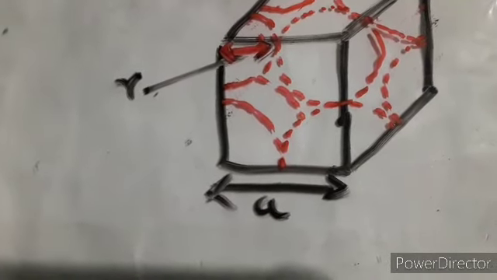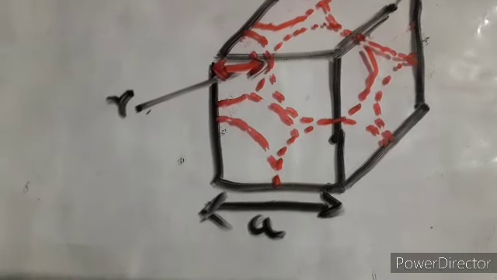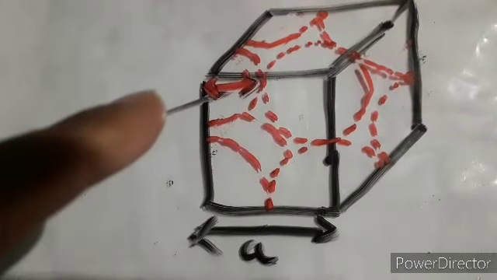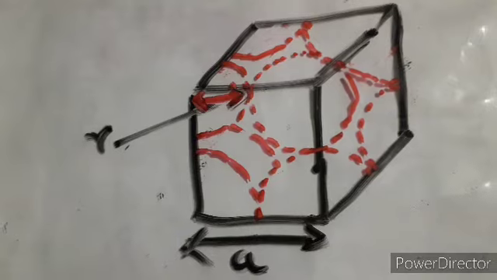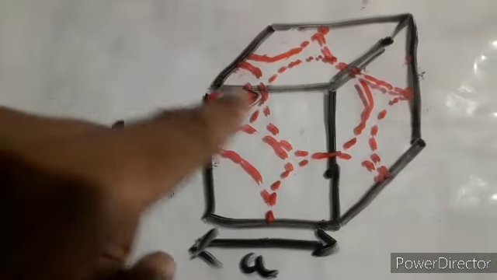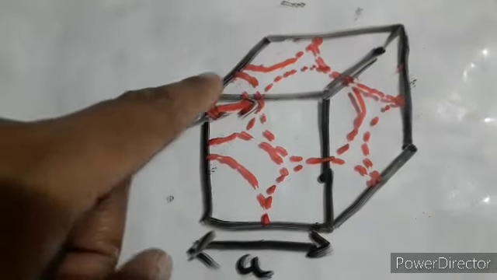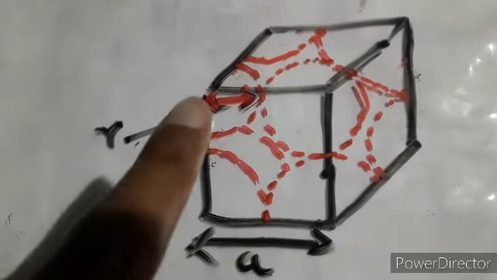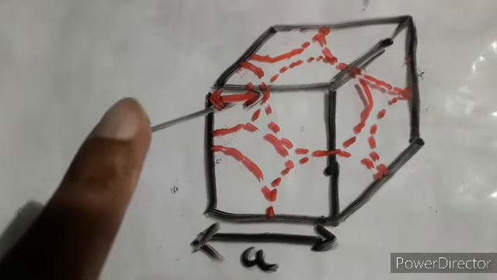Now what is the radius here? You can see there are two atoms and you are focusing on half of the atom. You can see half of the edge is also related to the radius, right?